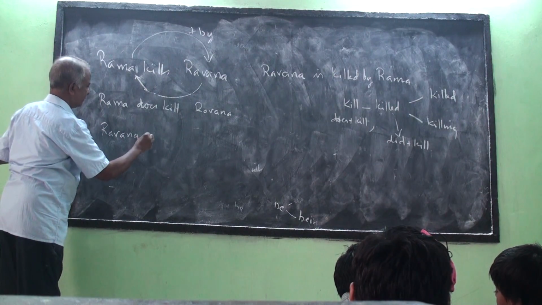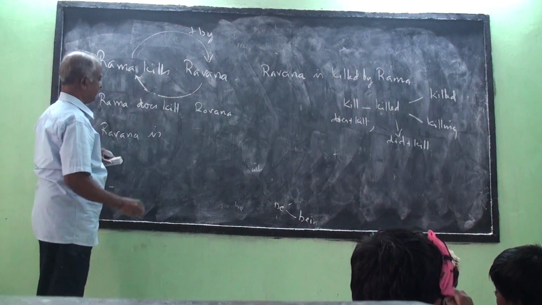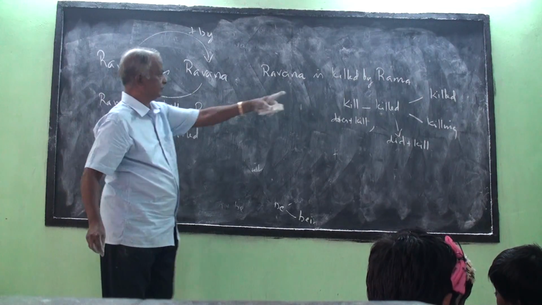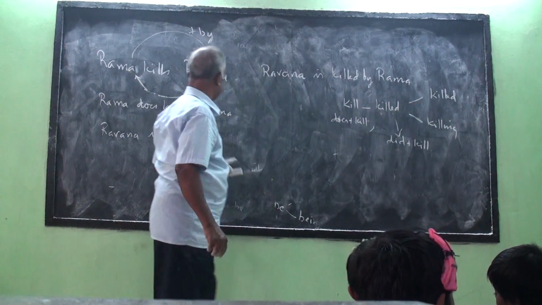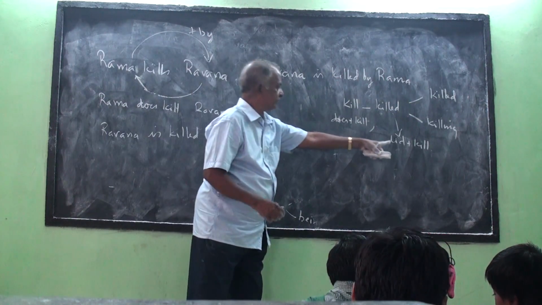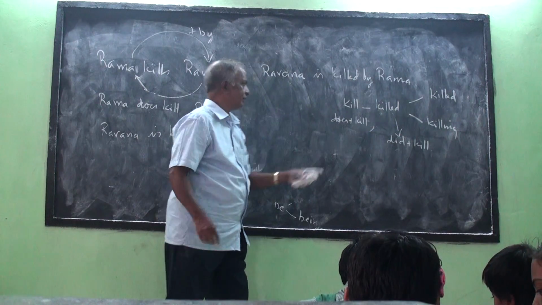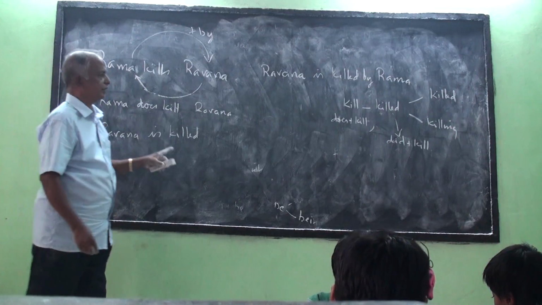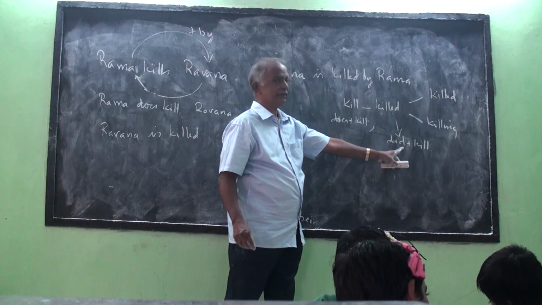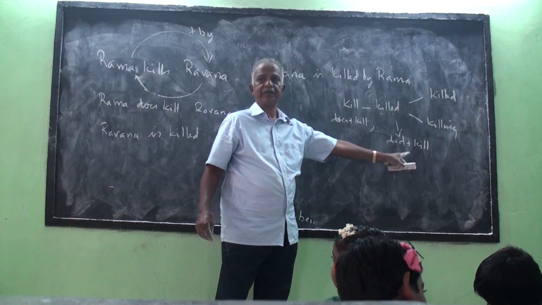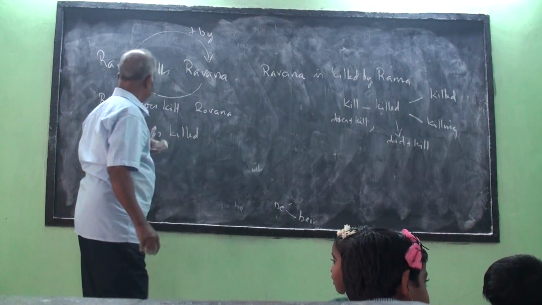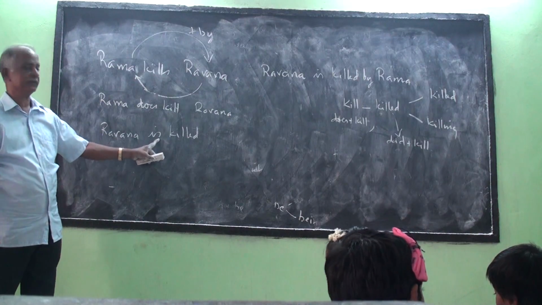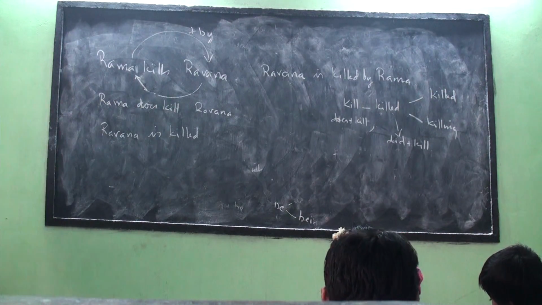In the place of does, is comes. Ravana is killed. We remove this did from this killed. In the place of did, we are adding is. We are substituting does or do with the is. You understand?